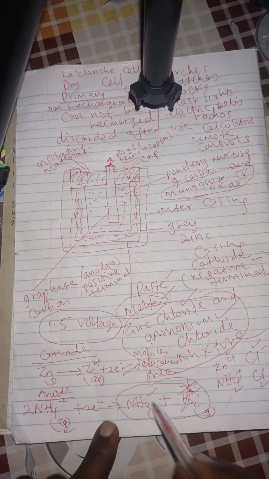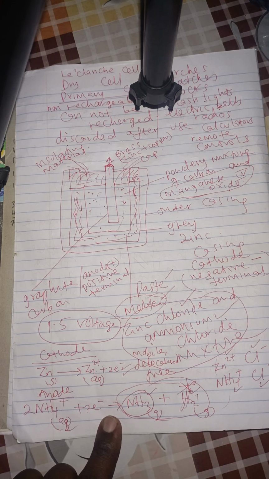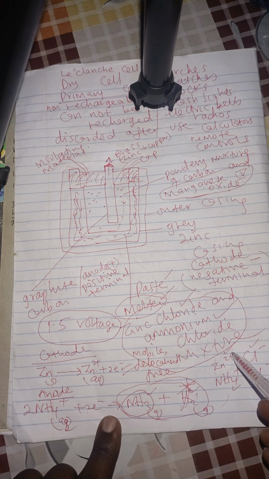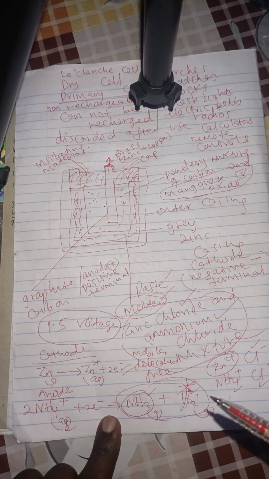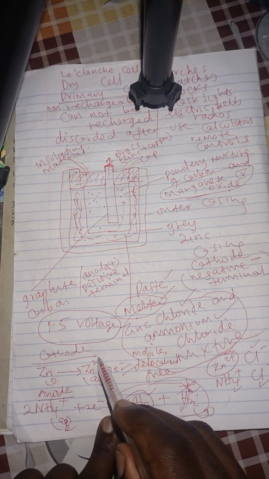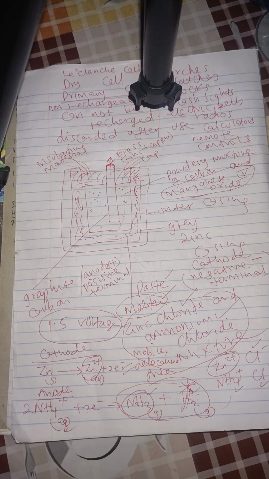Then, the ammonia gas that remains here will react with the zinc ions from this mixture, and the zinc ions formed from the dissolving of the zinc casing, so that we can form a complex salt. How?